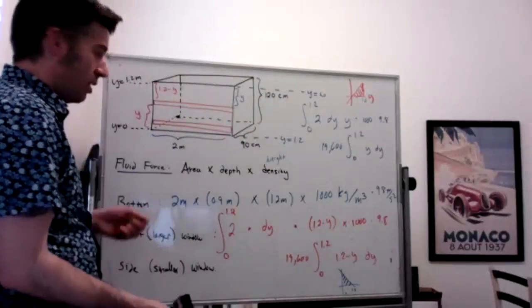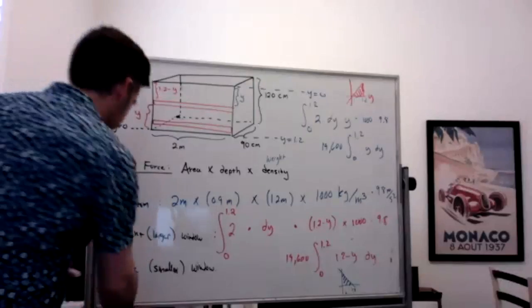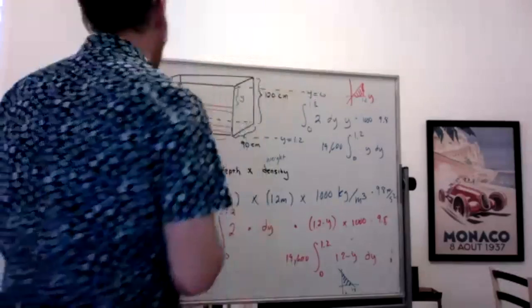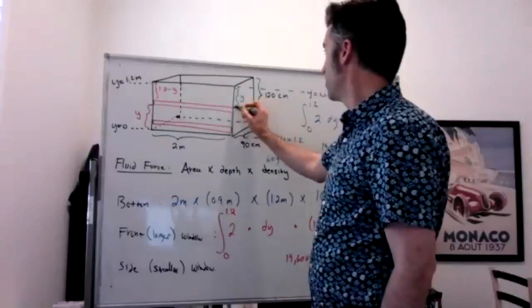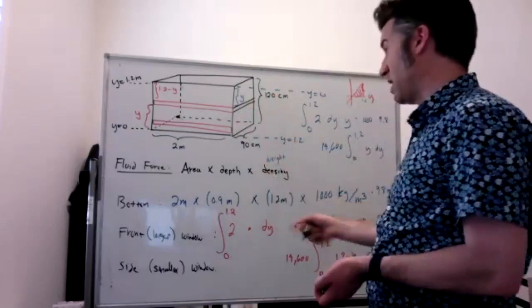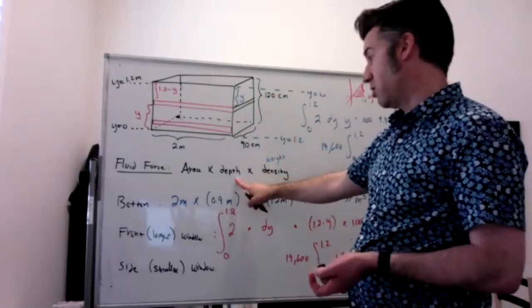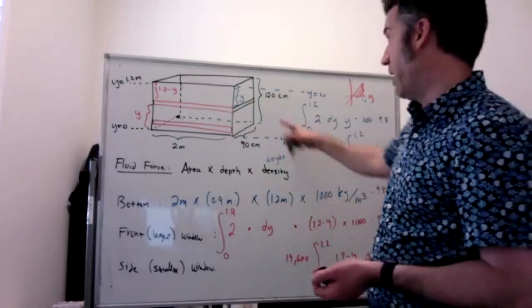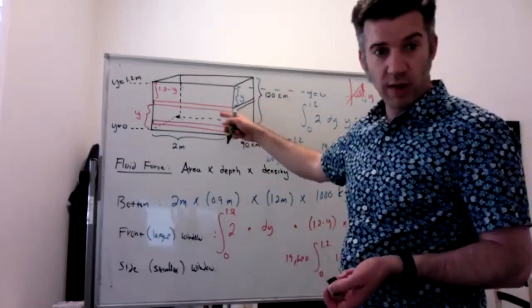So now the only difference between these ones and the smaller window ones is that the depth is still the same. The depth, if you're using this red one, is still 1.2 minus y. The area of my strip is slightly different.